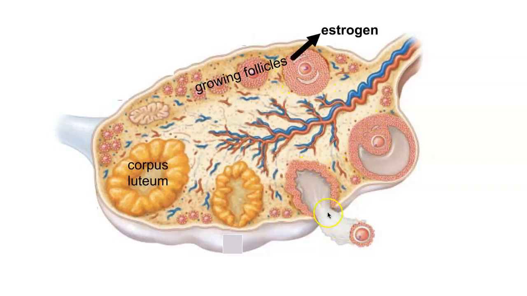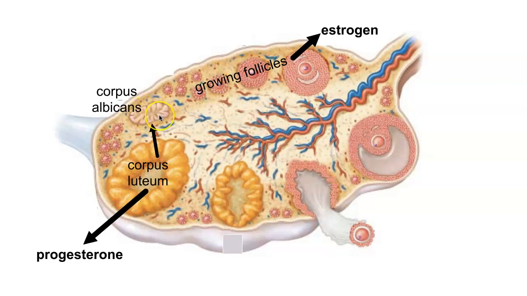Once ovulation occurs, estrogen levels drop because that follicle is damaged. But once the follicle repairs and becomes a corpus luteum, those cells primarily secrete progesterone, and so progesterone levels start going up. The corpus luteum has a limited lifespan. Eventually, it starts to die off, and that's known as the corpus albicans.